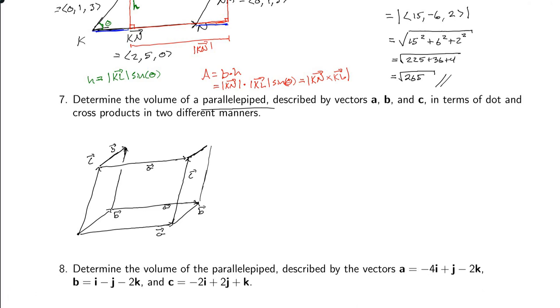Take C from that corner as well. And then A across the back here. So we see all 4 of the A vectors are parallel to each other. All 4 of the C vectors are parallel to each other. And all 4 of the B vectors are parallel to each other.